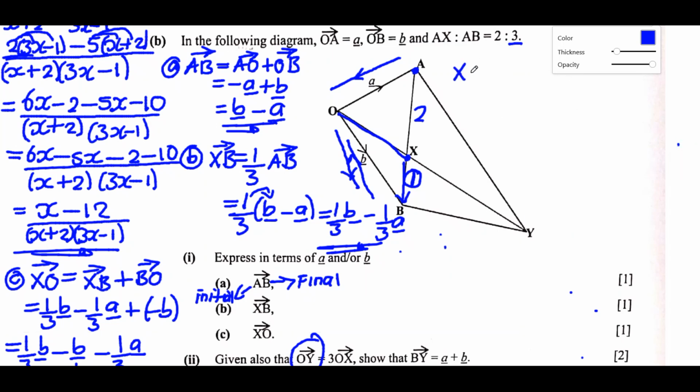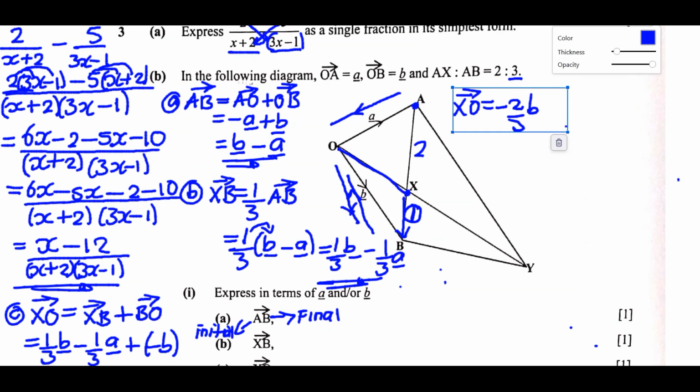So XO is what we found, negative 2 over 3 of vector B minus 1 over 3 of vector A. To find OX, we have swapped the letters, so we are just going to change the signs.